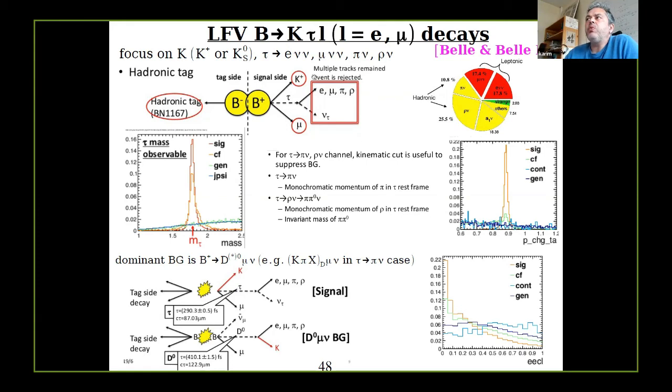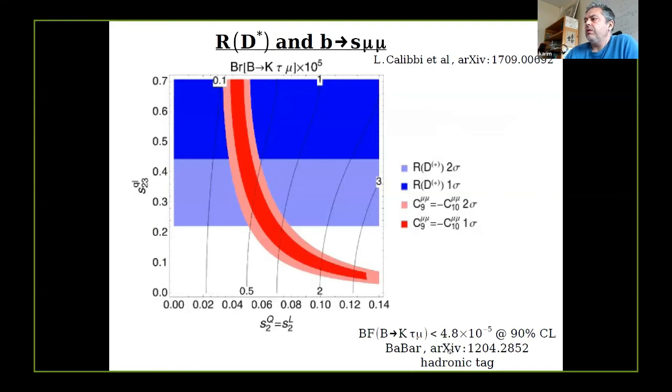But at the same time, we have seen that we could observe this D tau nu. So the current sensitivity of the B factories, with the single result from Babar and a soon-coming result from Belle, is on the order of 3, 4 times 10 to the minus 5.